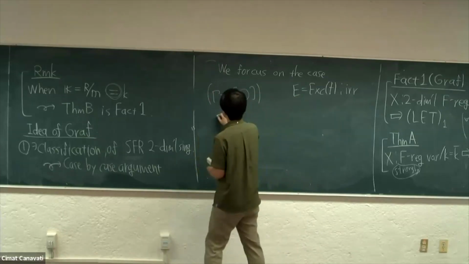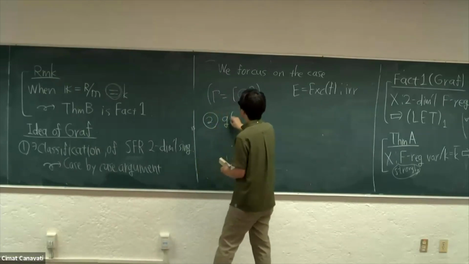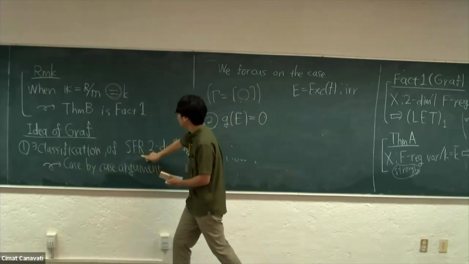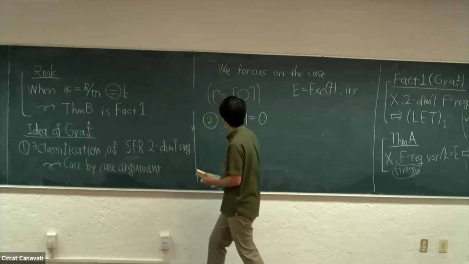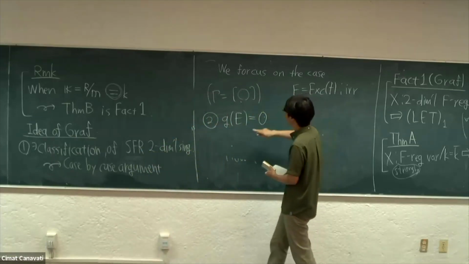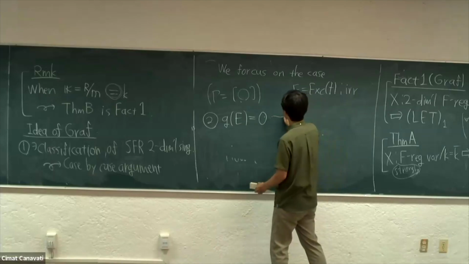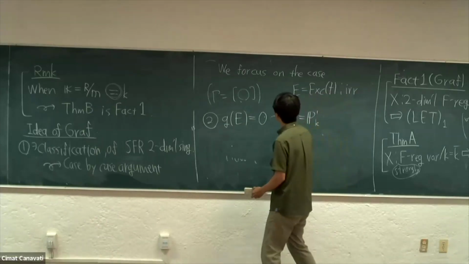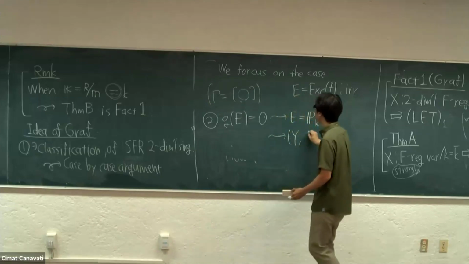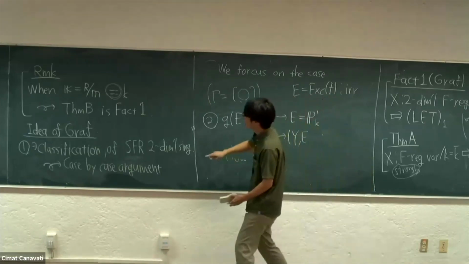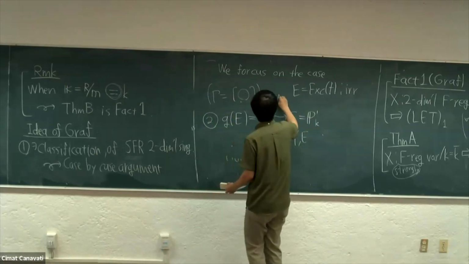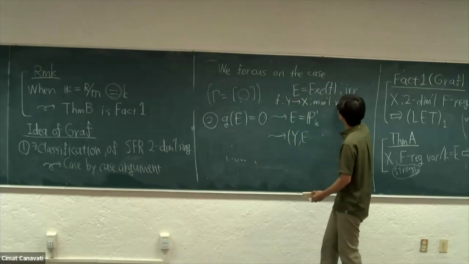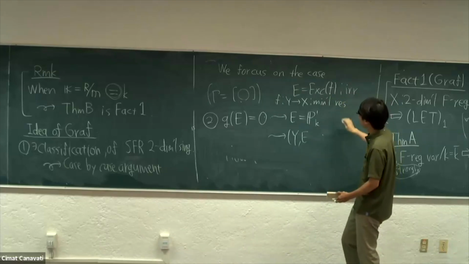So in this case, since this is a strongly irregular singularity, the genus of E is of course 0. So it's P1 over K. And actually, why is it the minimal resolution?